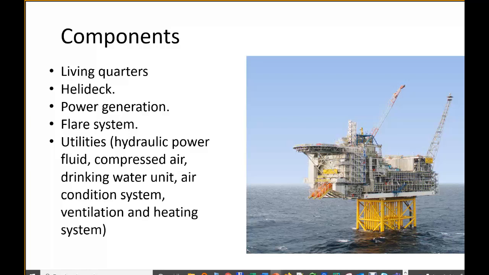Some utilities, hydraulic power fluid, to operate most of the valves. They are operated remotely through a hydraulic system. Every valve, you have chokes, you have the master valve, you have the process valves. All of them are operated using hydraulic fluid, compressed air. You have drinking water, air conditioning, ventilation, heating system. Okay.